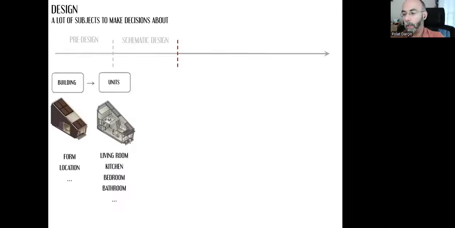But once we agree on the building decisions and the unit decisions, we need to move on to another stage. This time, we need to make decisions about the construction phase. We need to think about how we can create all these solid building forms and volumes, the living spaces, with what kind of elements.